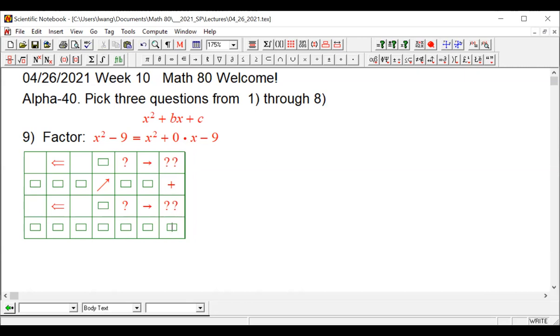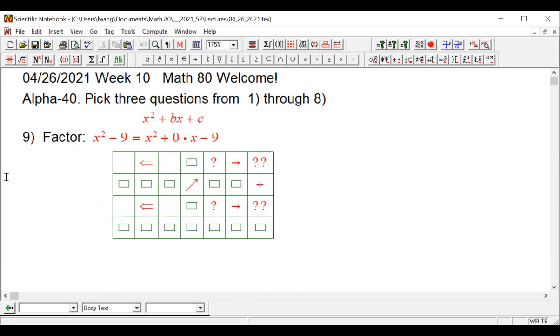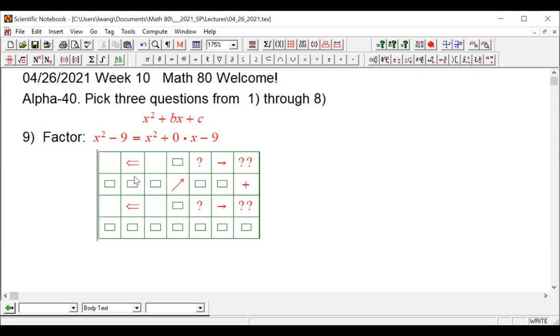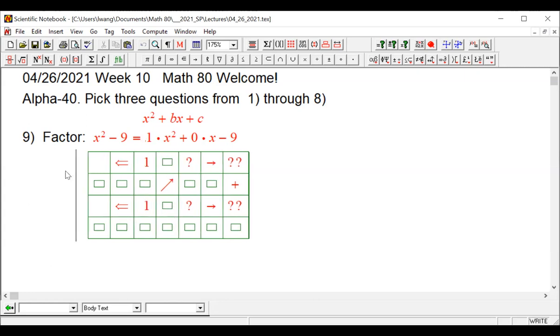In this case, the number we will try to match will be 0. Okay, so let's go. So over here, 1 is equal to 1 times 1.